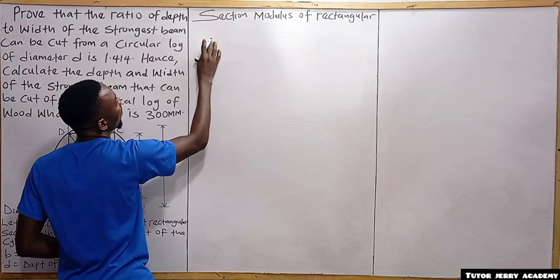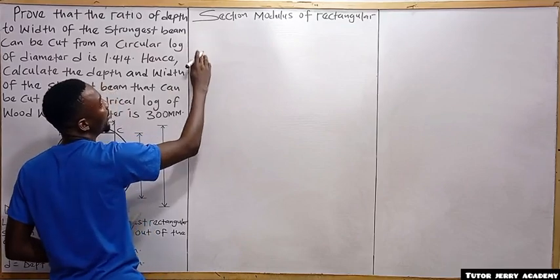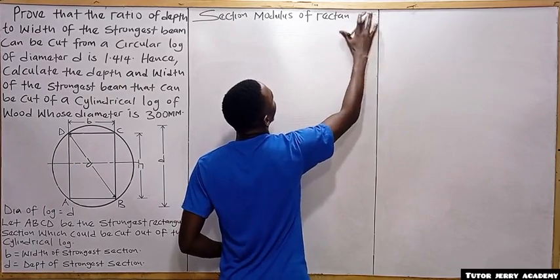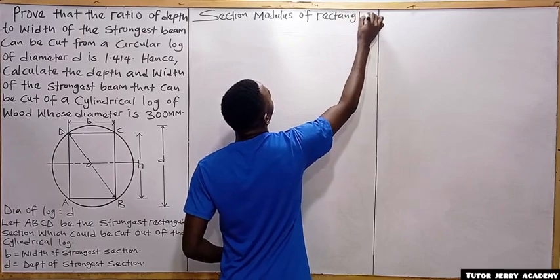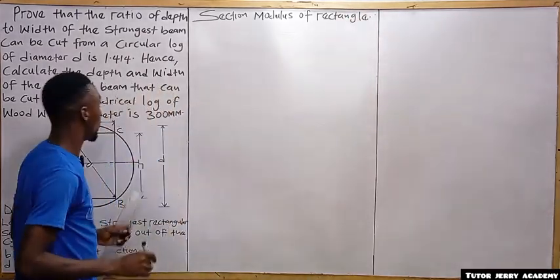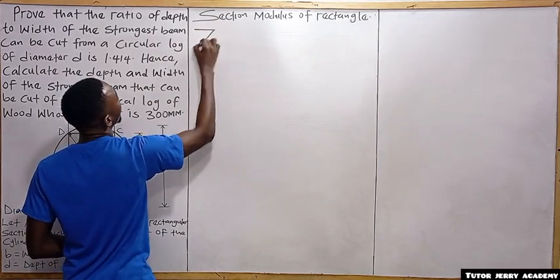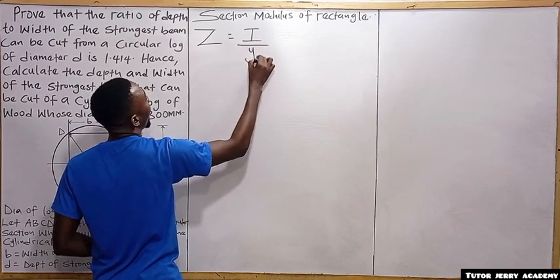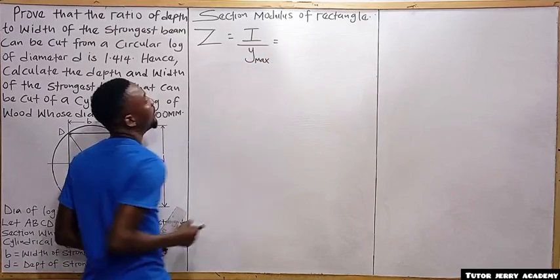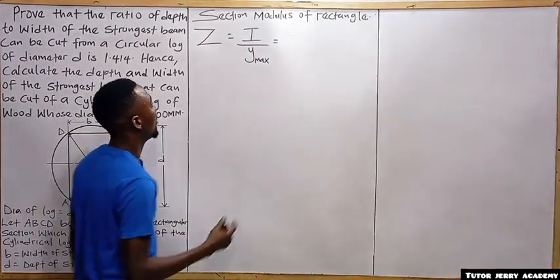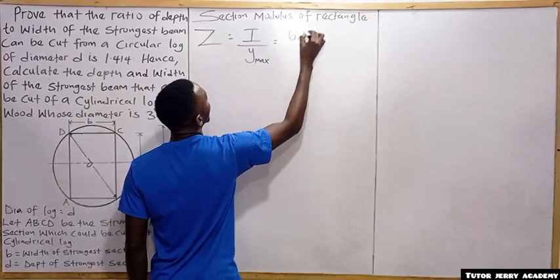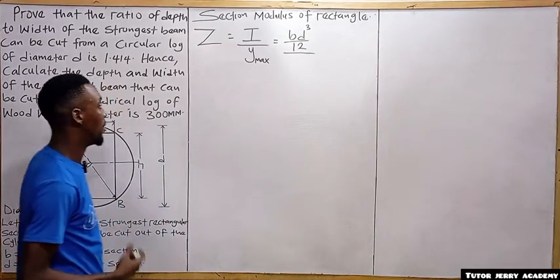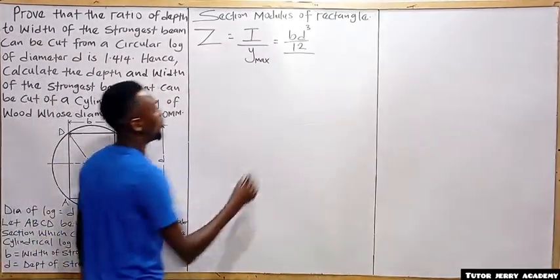This is denoted with Z, and it is equal to the moment of inertia over y max. The moment of inertia of a rectangular section is bd cubed over 12, and y max is nothing but depth divided by 2.